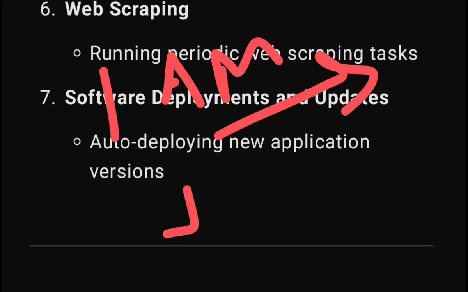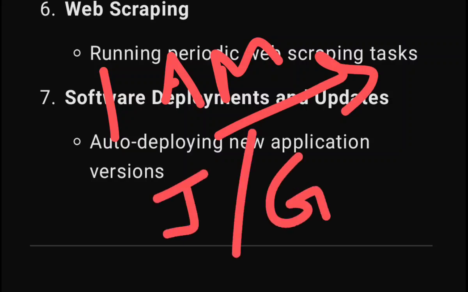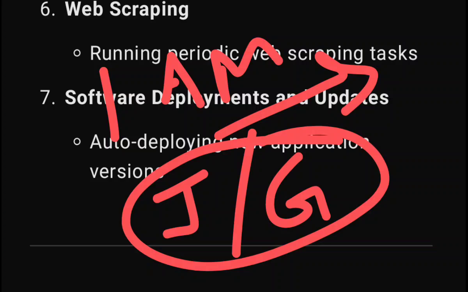In both Jenkins as well as GitLab, these particular cron jobs are used. In Jenkins, while you are using a cron job, that particular pipeline will trigger whenever there is a code change in that particular time frame. Let's say you set the cron job to be triggered every 5 minutes.